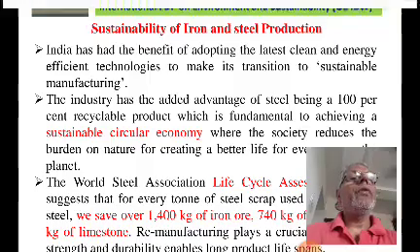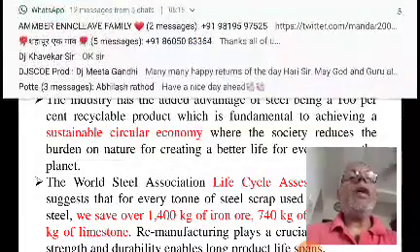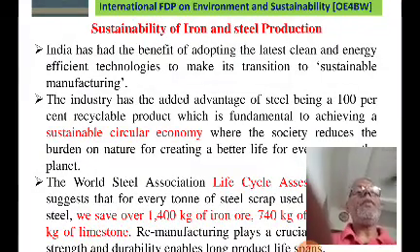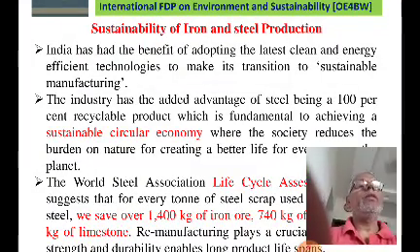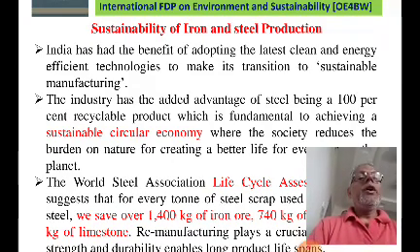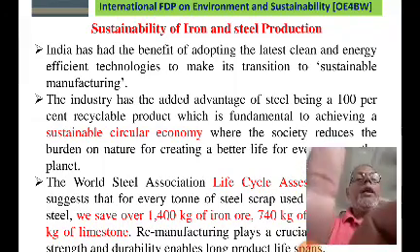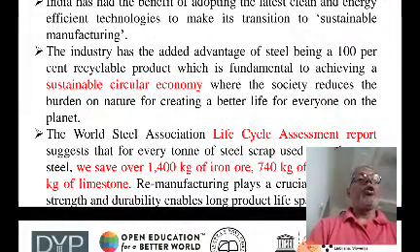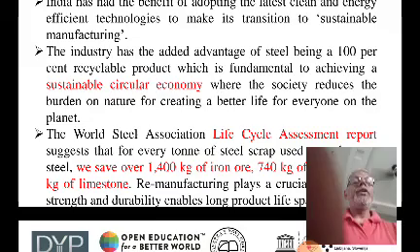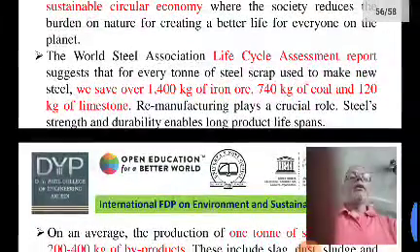So we can use the latest clean and energy efficient technologies to make the transition to sustainable manufacturing. India has the added advantage of steel being a 100% recyclable product, which is fundamental to achieving a sustainable circular economy, where society reduces the burden on nature, creating a better life for everyone on the planet.